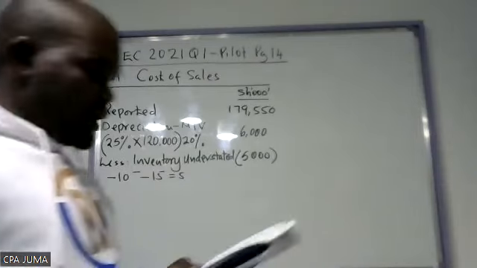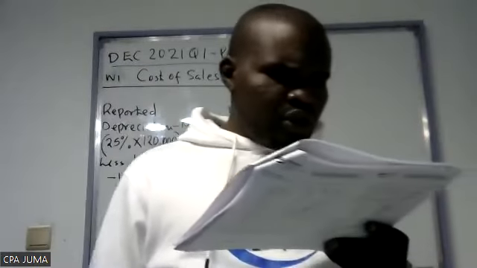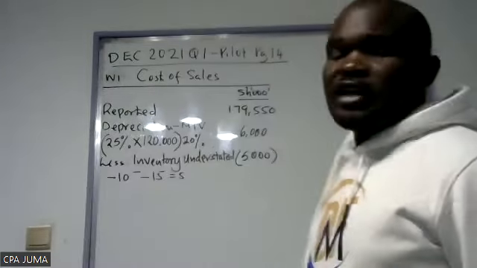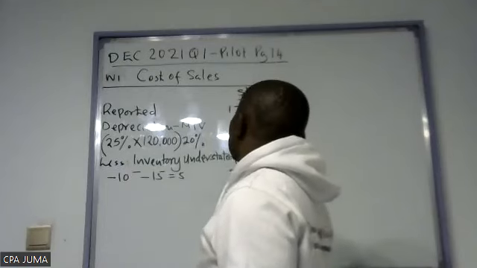Good. Note number 9. Note 9 is about tax. Note number 8 was loan stock. So cost of sales, those are the only adjustments. Give me this figure.